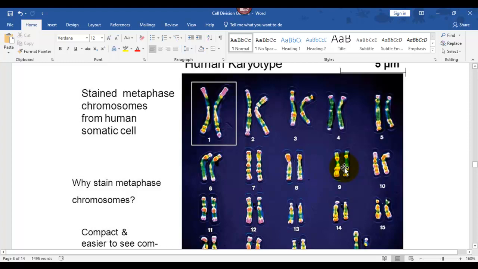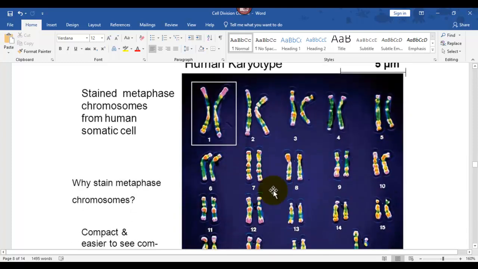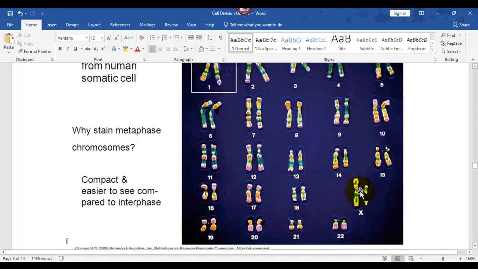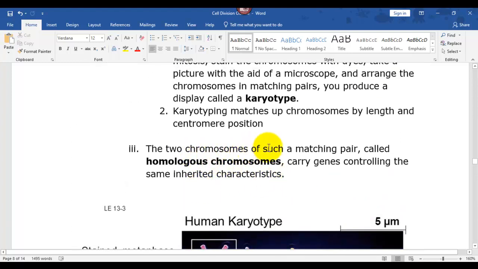They are then stained, and like it says here, you take a picture of each chromosome, then you put the pictures together and pair them with their homologous chromosome buddy. Just like it says there, the two chromosomes of each matching pair are called homologous chromosomes. That means they're the same. They are similar.